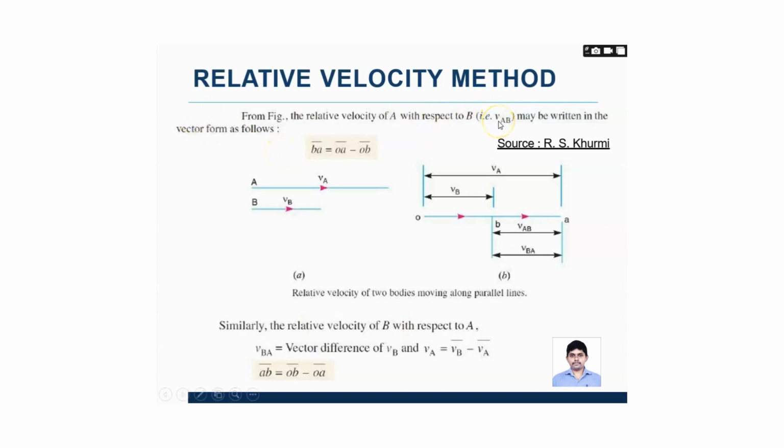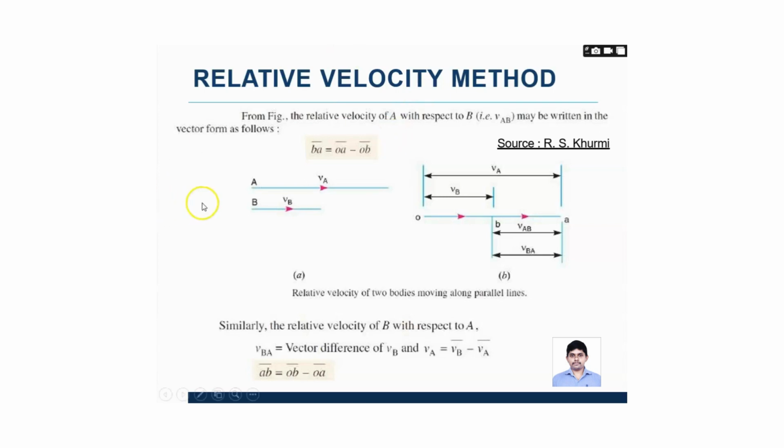V of AB can also be written as the vector BA, the direction from B to A, which is equal to the vector OA minus the vector OB.